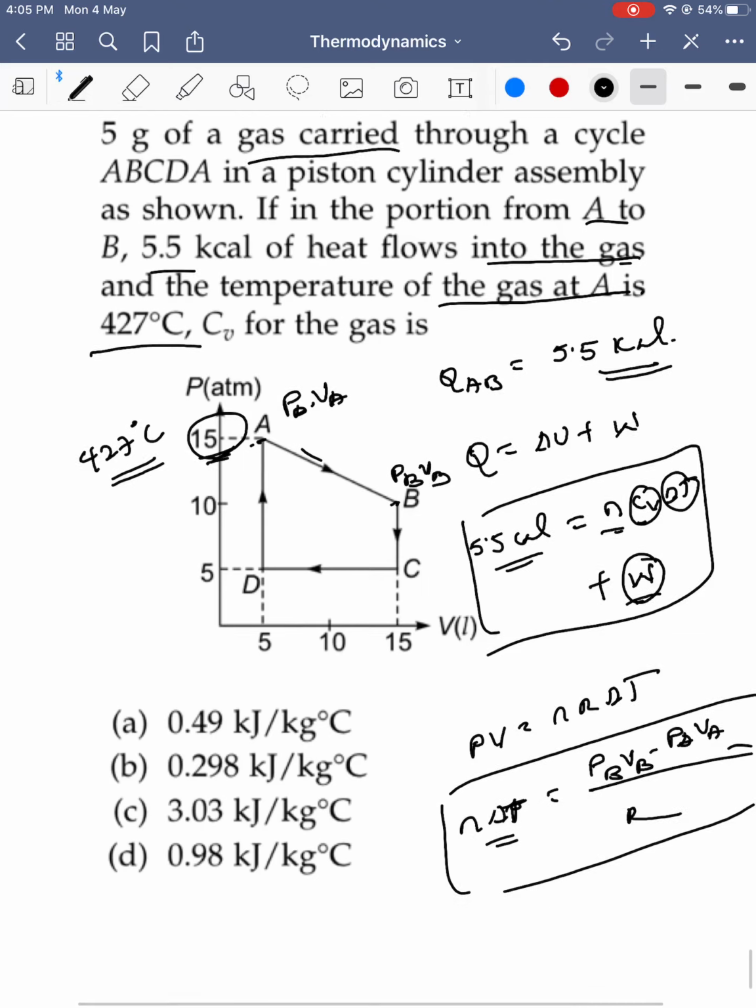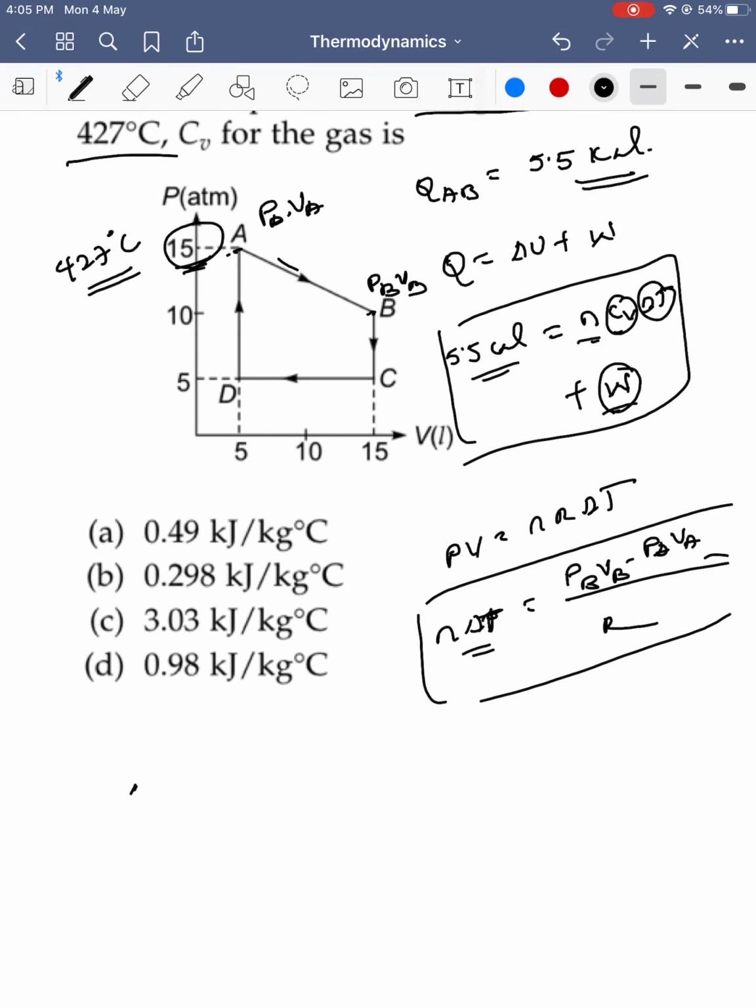So I am writing again, 5.5 kilocalories is equal to, n is not there now, CV into PB VB minus PA VA by R plus W.